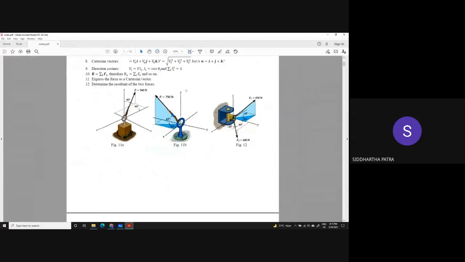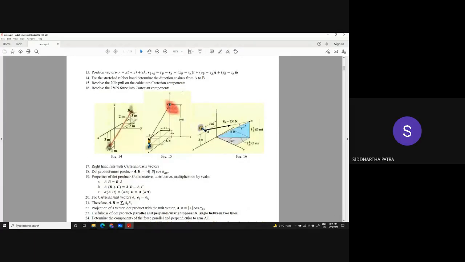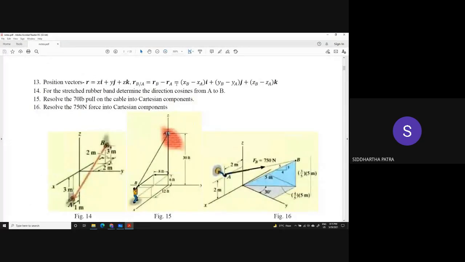So let's see the next topic, which is position vector, and that's a favorite topic of mine in this chapter. So what is a position vector? At times certain vectors, as in forces, act along a direction that can be given to us by the location of two points in space.